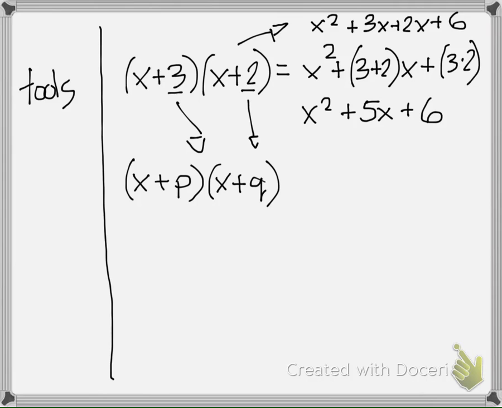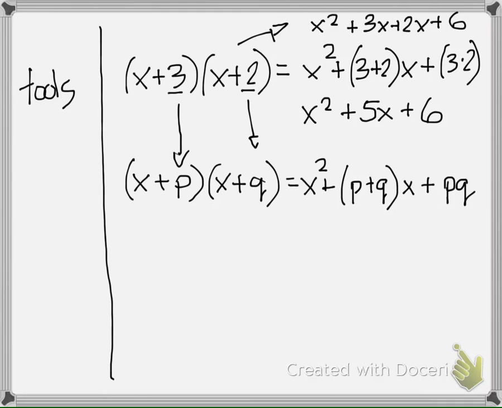That would be your P and your Q. And so using that same idea, you have x squared plus whatever P plus whatever Q is times x plus whatever P is times Q. Notice in all of these cases we are doing addition. Now sometimes your coefficients might be negative, so that will change your signs. So take a look at that and copy that down, make sure that's in your notes.